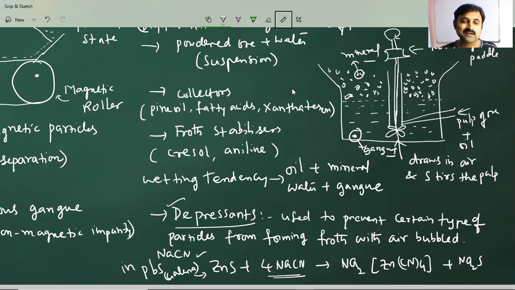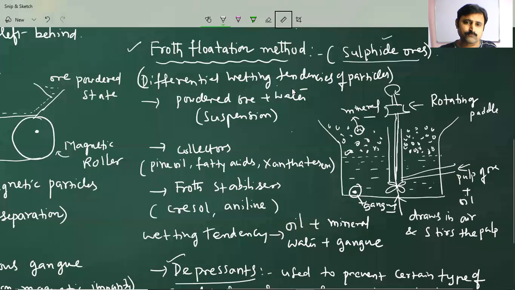Zinc sulfide forms a complex with sodium cyanide, not lead sulfide. In that way, the two sulfide ores can be separated using this method of depressants and froth flotation.